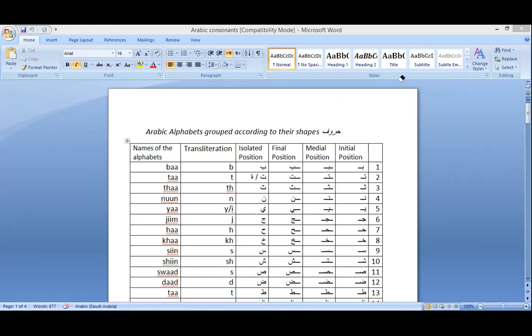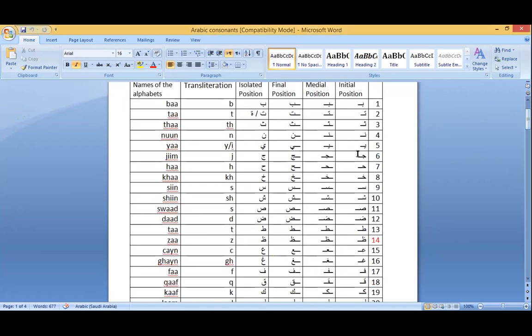If you look at this part here: ba, ta, sa, na, ya, ja, ha, kha. What do you notice from this part?